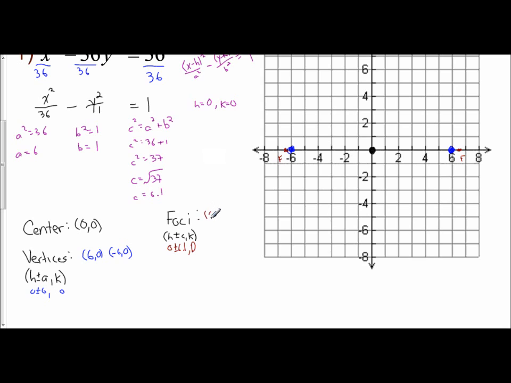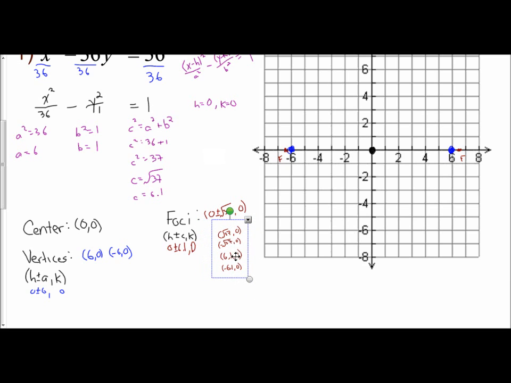So that would be 0 plus or minus the square root of 37, comma 0, which means the square root of 37, comma 0, and negative square root of 37, comma 0. If you want to use the decimals, that would be 6.1, 0, and negative 6.1, 0. I don't care which one you use, it's one or the other. So that is the coordinates of our foci.